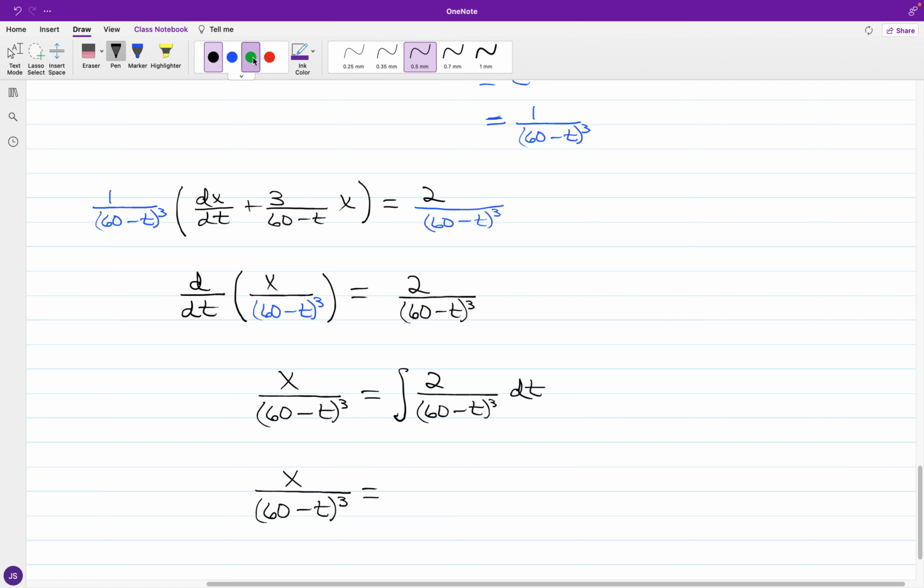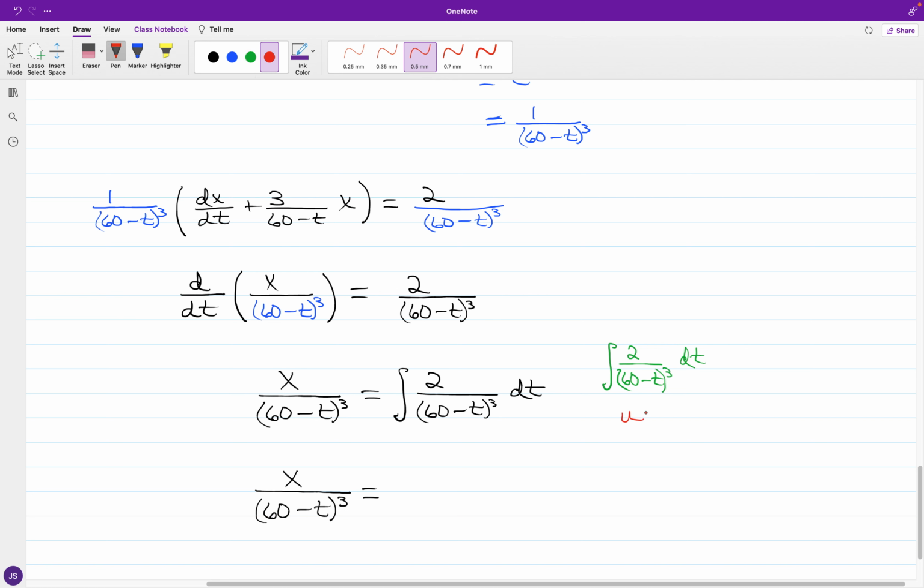and just working with what we have on the right. So just taking what we have here. So we have 2 over 60 minus t quantity to the third dt.